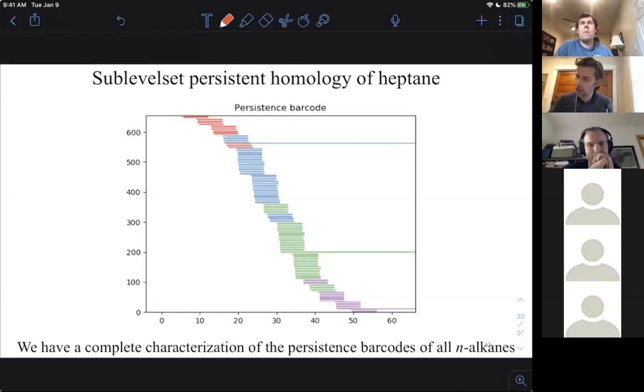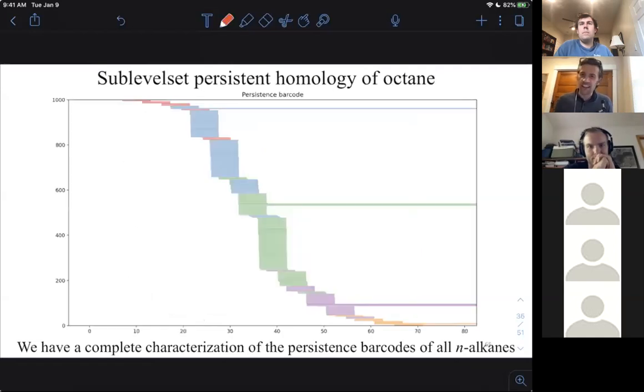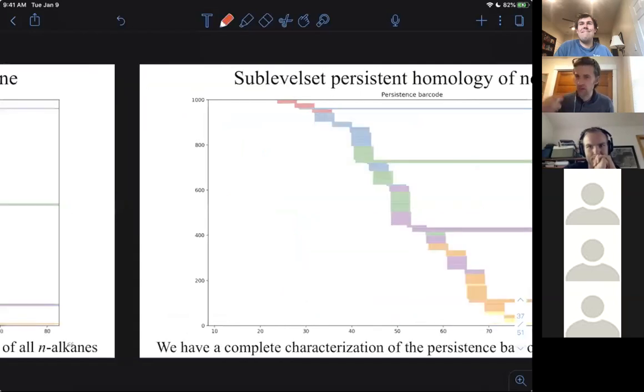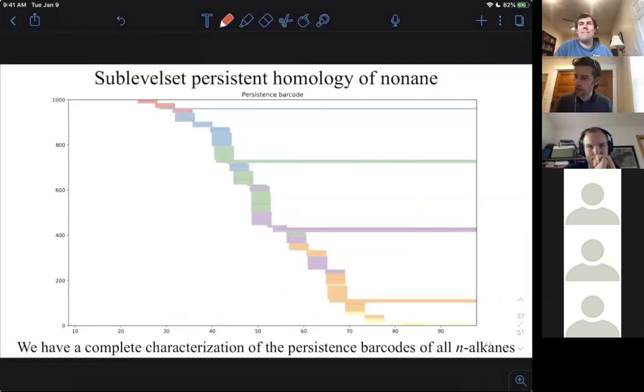But we can still compute 0-dimensional holes, 1-dimensional holes, 2-dimensional holes, 3-dimensional holes, etc. Octane, 8 carbons, the 5D torus, and the final one we try to compute, still just on a laptop, is nonane, so 9 carbons, and this is a 6-dimensional domain for our energy function.